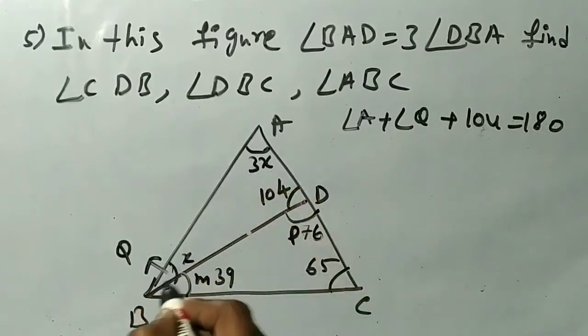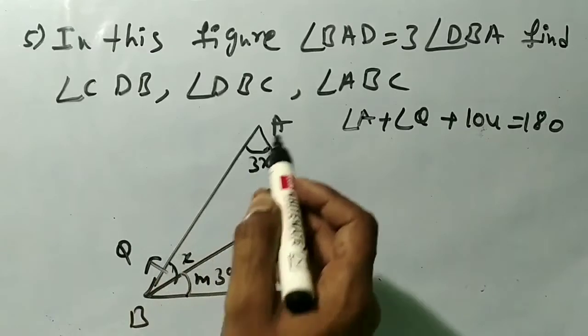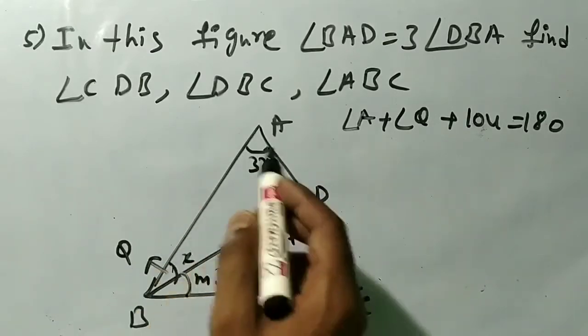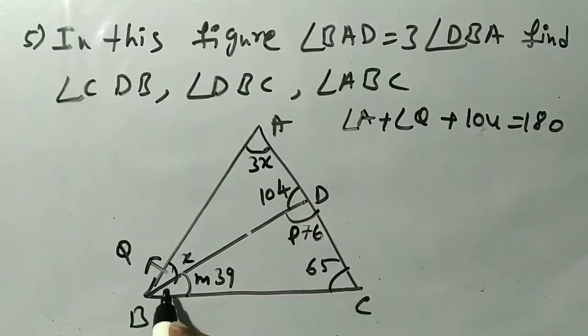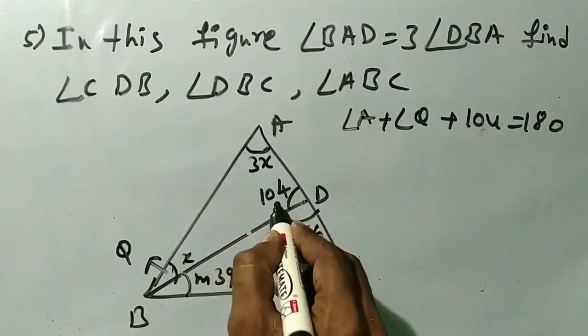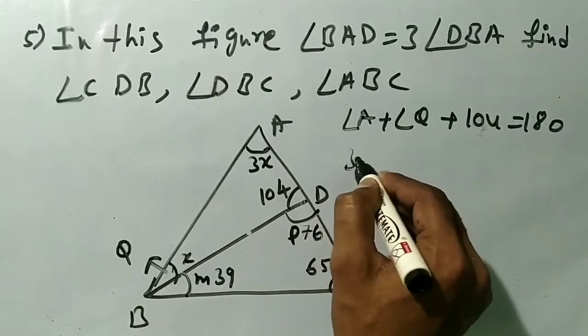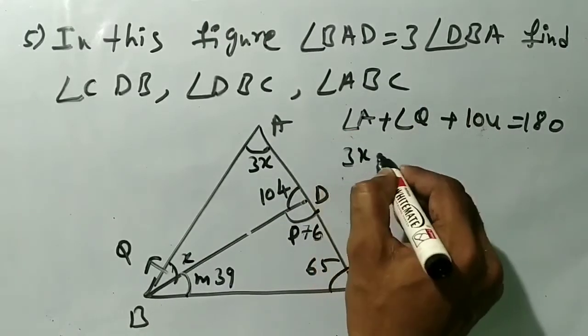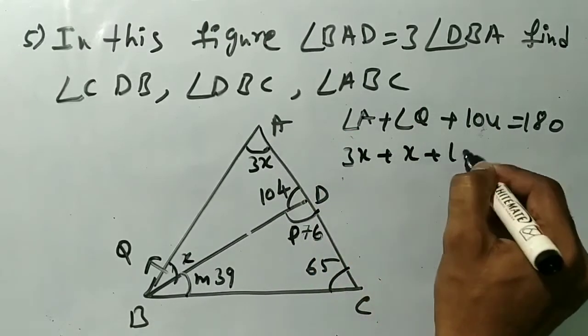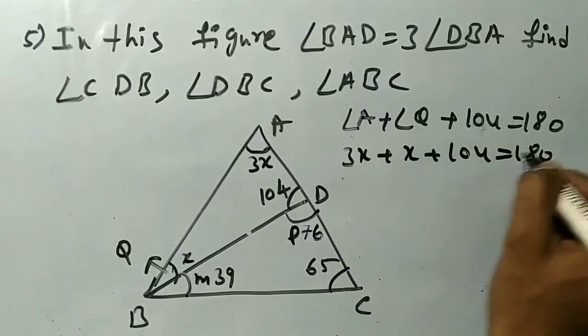For easy understanding I am denoting it like this, but directly we can write x plus 3x plus 104 is equal to 180, because the sum of interior angles is equal to 180. In this way also we can write.